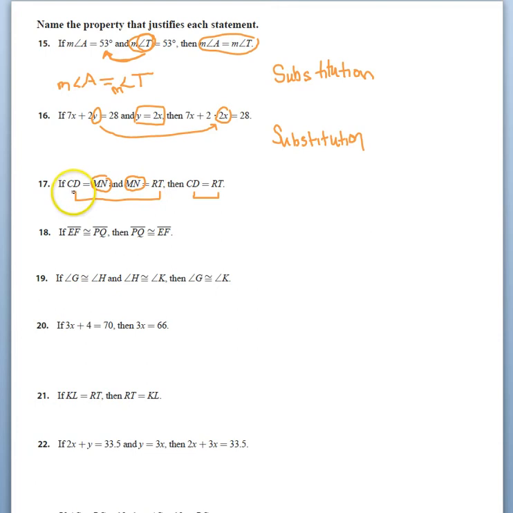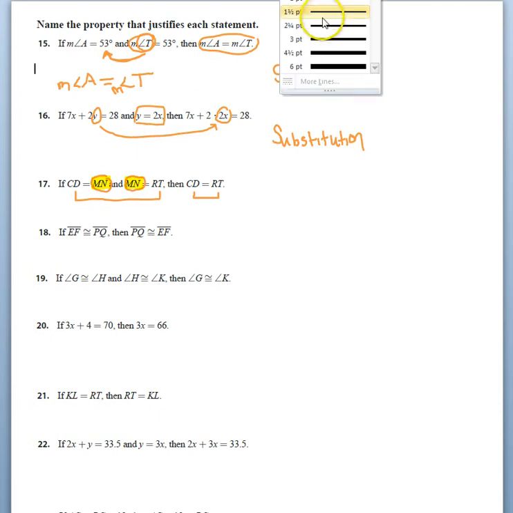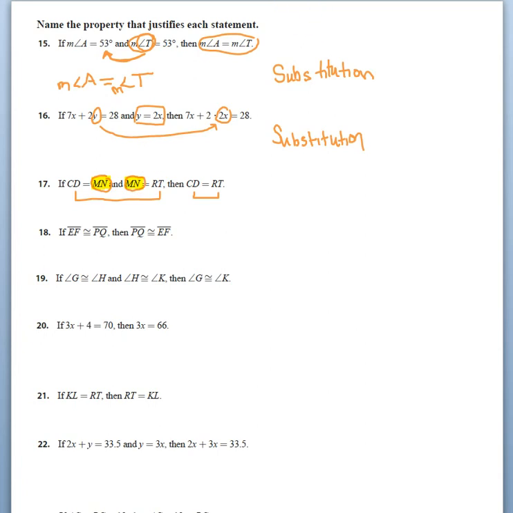If you've gone over the law of syllogism, this is kind of like that. You have CD, MN, then MN repeats, and then RT is different. With transitive property, you'll have something is equal to something, like the first is equal to the second.